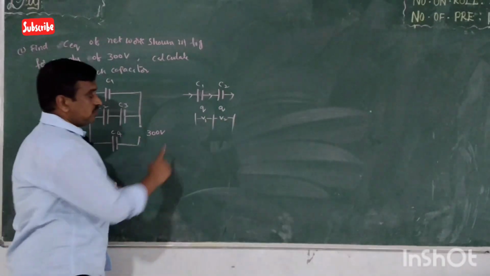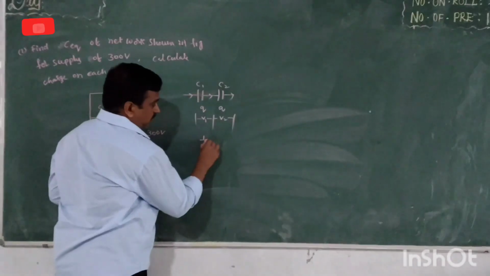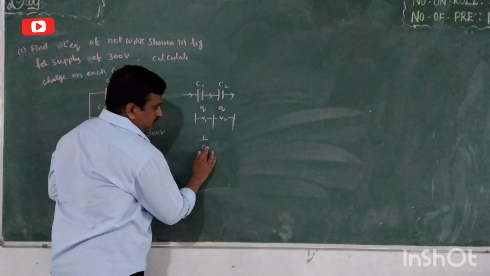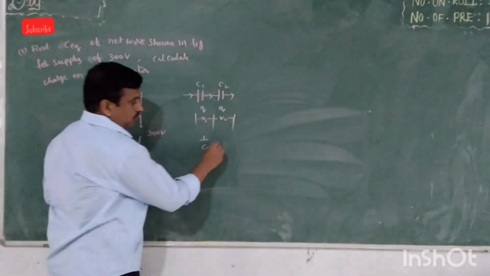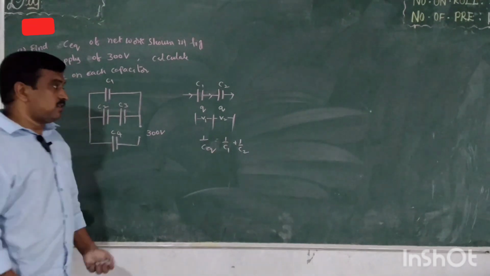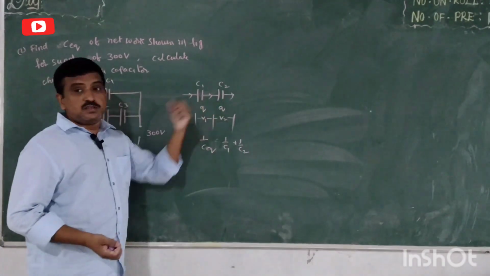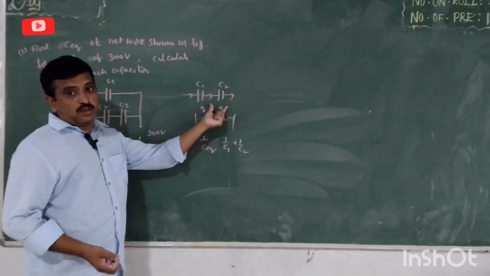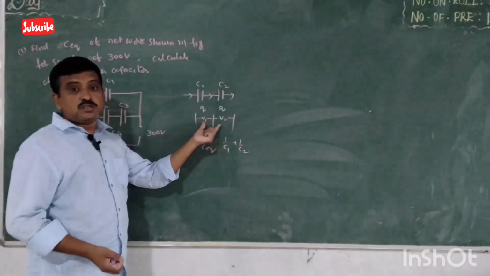What is the equivalent capacitance? 1 by C equivalent equals 1 by C1 plus 1 by C2. This is the formula. When capacitors are connected in series, charge is the same, and potential is divided.